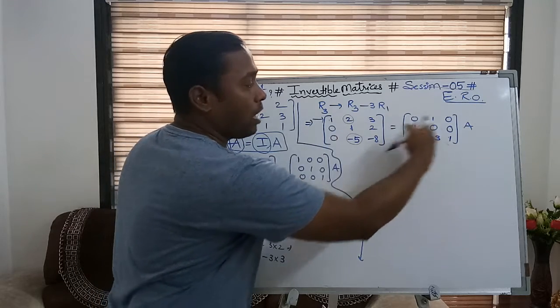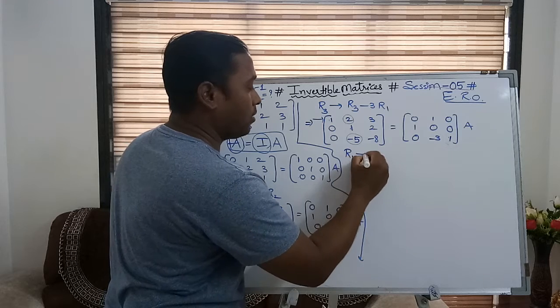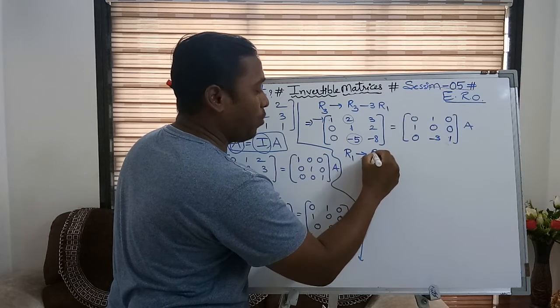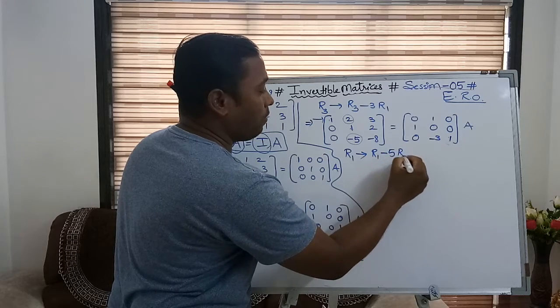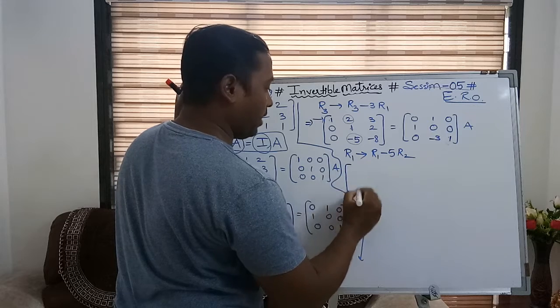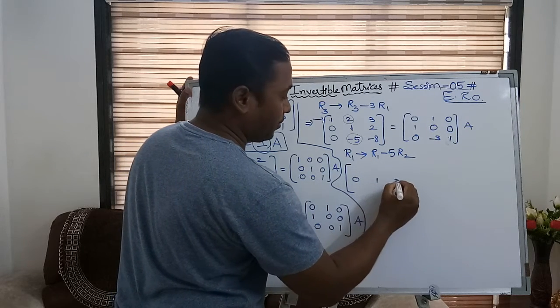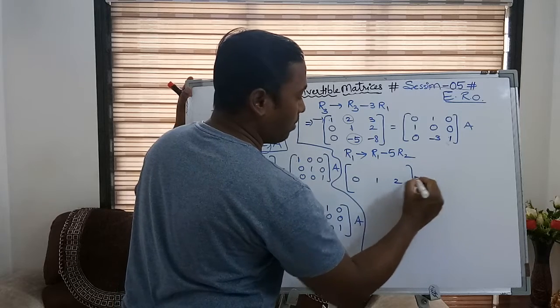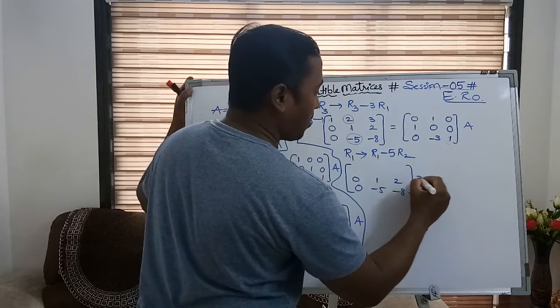So first I am going to change R1 in the next step. That is why I am writing R1 is going to change. How am I doing it? What will I subtract from R1? 5 times R2. So if I apply that, R1 is going to change. Hence first I will write those elements which are unchanged.